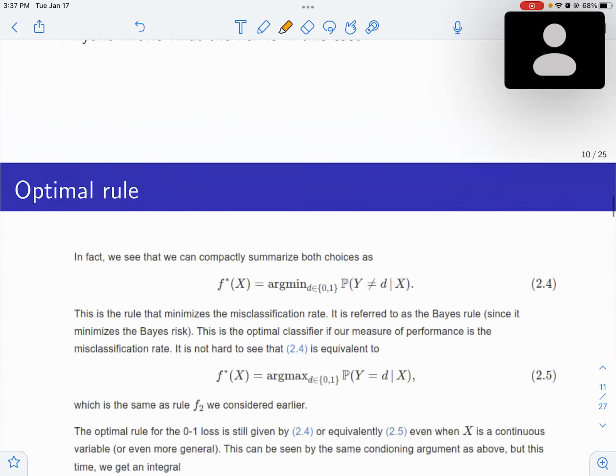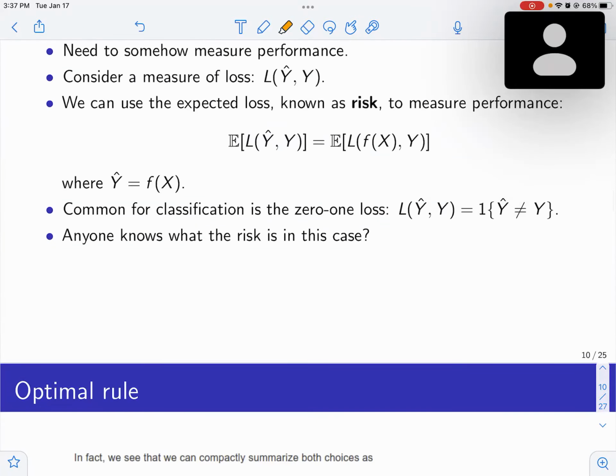This came because we set a loss, if you remember. We had the 0-1 loss, which is 1 if our prediction does not match y, and 0 otherwise. And the expectation of this loss, which we call risk, you might see me write as the risk of the classifier. It depends on the function that we pick; it would be a number for the classifier.